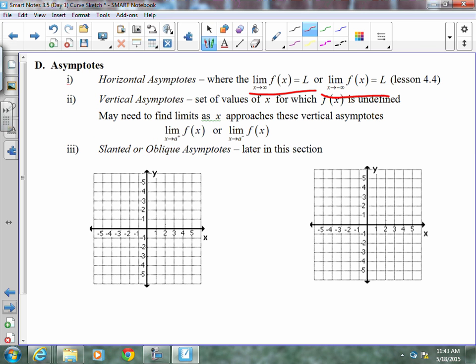Find our limits at infinity and negative infinity for our horizontal asymptotes. Vertical asymptotes are where the denominator equals 0. It might be helpful, not always absolutely necessary, to find when we approach our limit whether it goes up or down, so we know what that looks like. And then we're going to learn about slanted or oblique asymptotes in the next video.